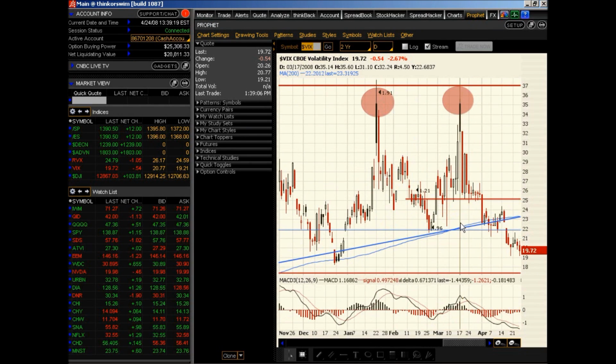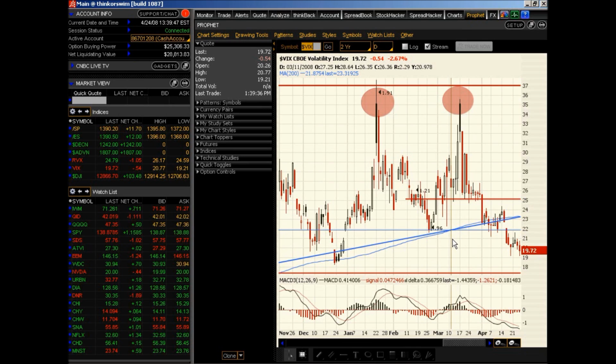Volatility of the market goes up, stocks normally go down. When the volatility decreases, stocks go up. The measure of the volatility index is based on the measurement of the number of puts being purchased on the CBOE.